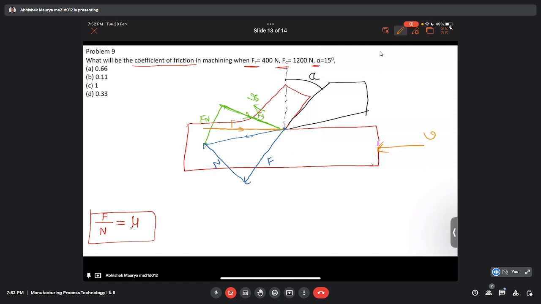So that is the FC, and perpendicular to the FC we have the tangential force, that is FT. Here we have 90 degrees, here we have 90 degrees, here we have 90 degrees.